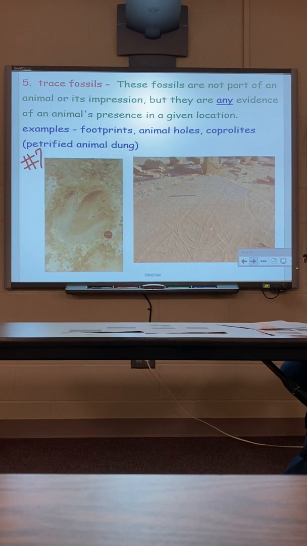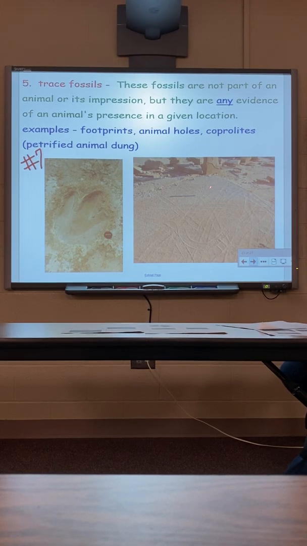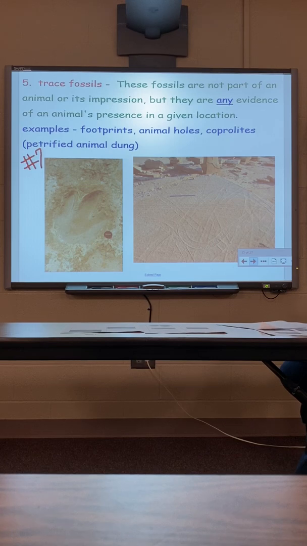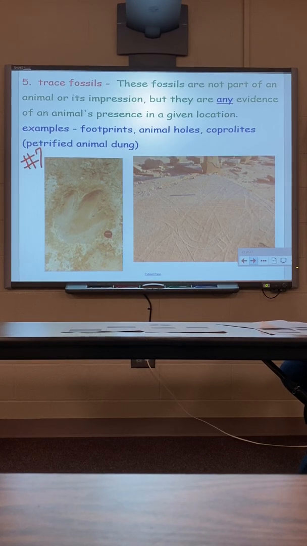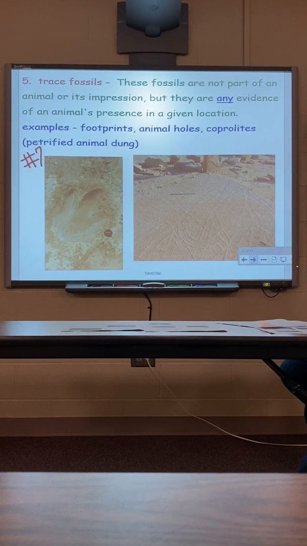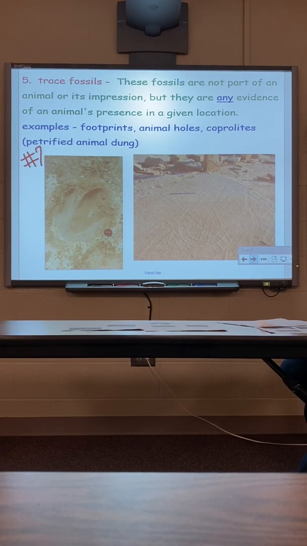And this is basically tracks. And these tracks were made by a rock. They weren't made by an animal. But oftentimes there are rocks that have little squiggly kinds of lines in them, and those little tracks are made by some sort of soft-bodied creature. As a matter of fact, I've got one I'm going to show you in just a few minutes.